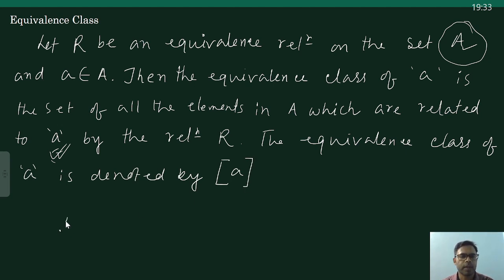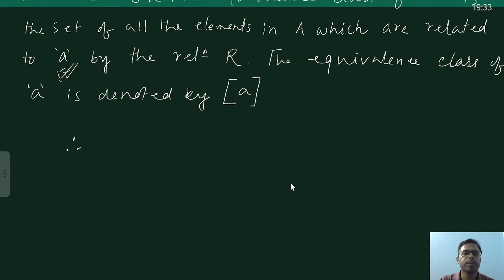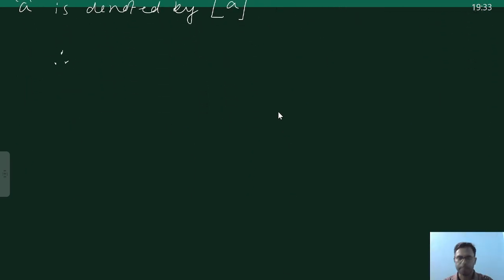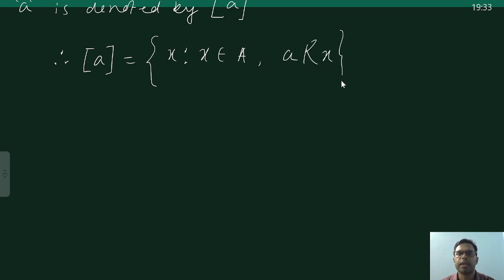Therefore, it is a mathematical relation, mathematical relation to equivalence class. Therefore equivalence class of this is equal to, I already said, it is the set of those elements X which are elements of set capital A such that this A is related to this X by the relation R.